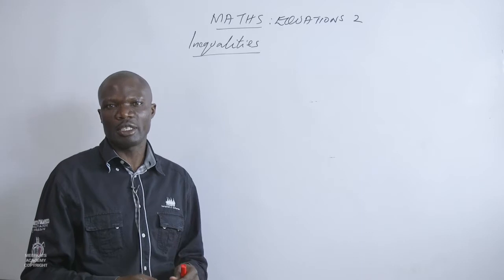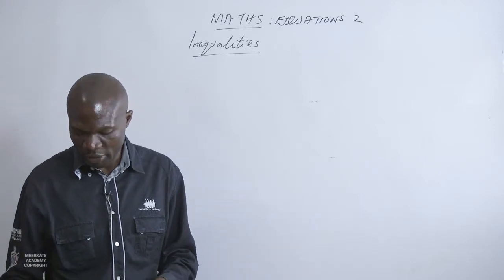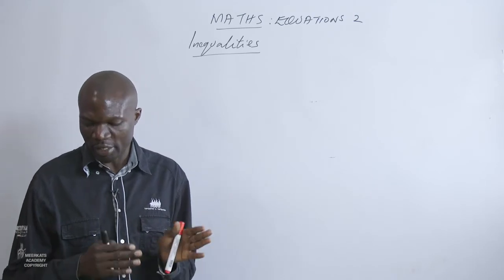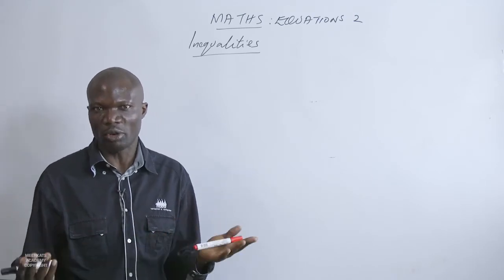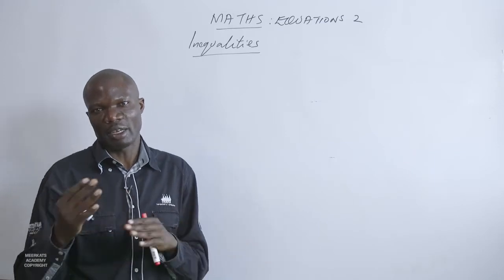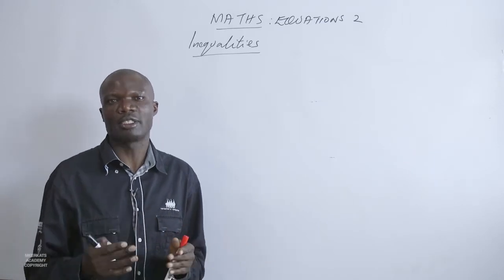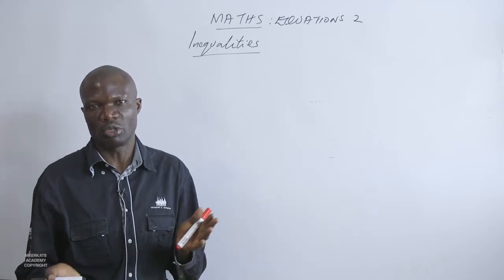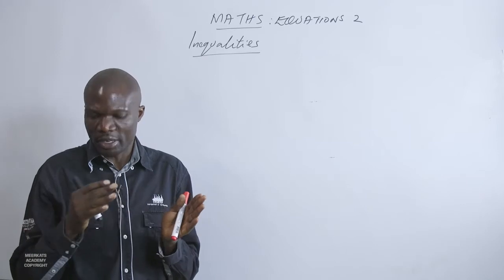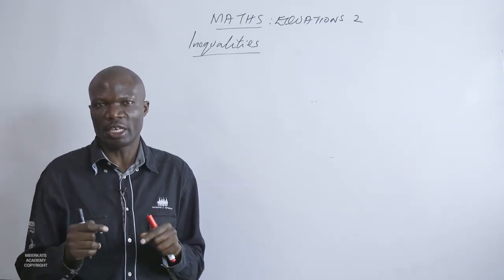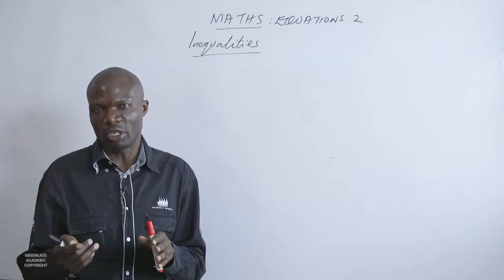An inequality is just like an equation, but instead of indicating that two expressions are equal, we now bring in other signs like the greater than or less than signs so that we can relate the two expressions. They are written like equations, but we don't use the equal sign, we use the inequality signs.